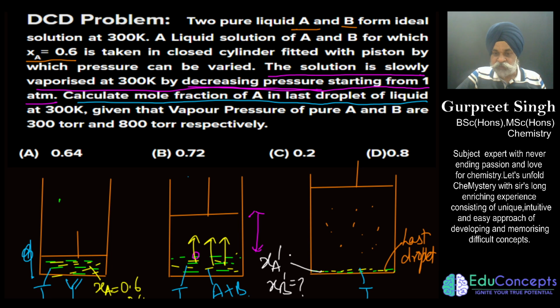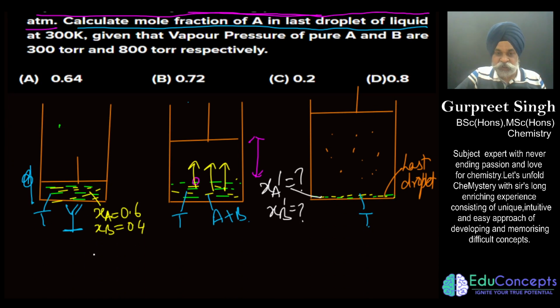This is what the question is. You started with XA 0.6. This is the starting point, and when the pressure has been decreased, the liquid keeps on going into vapors, and then at the last droplet you have to find the mole fractions of A and B in the liquid state.